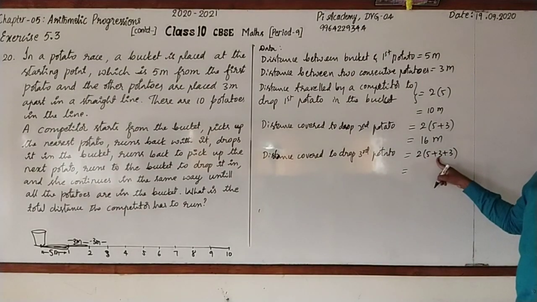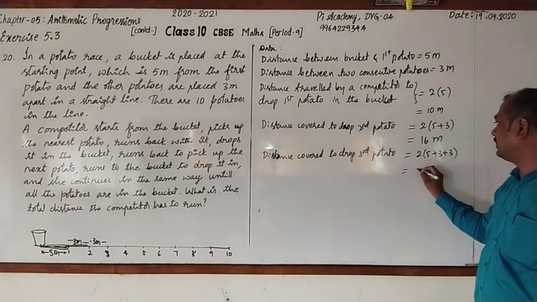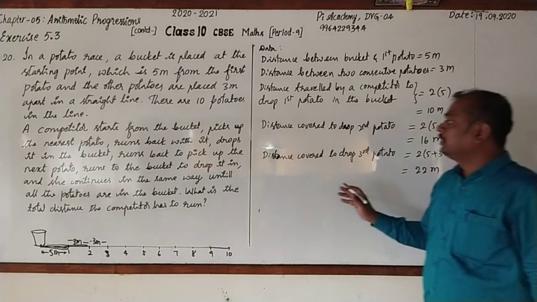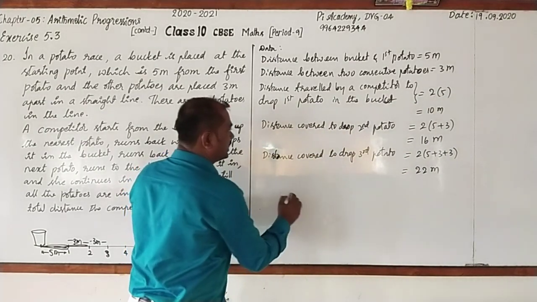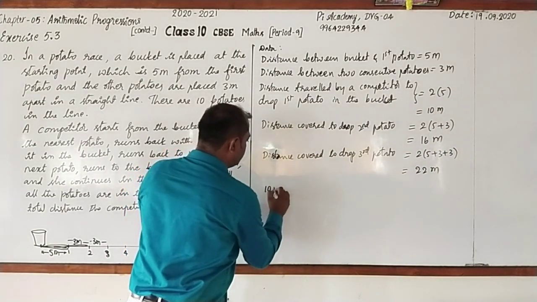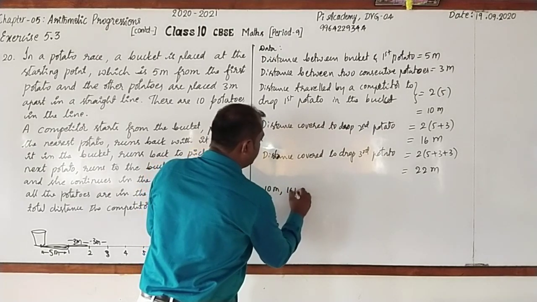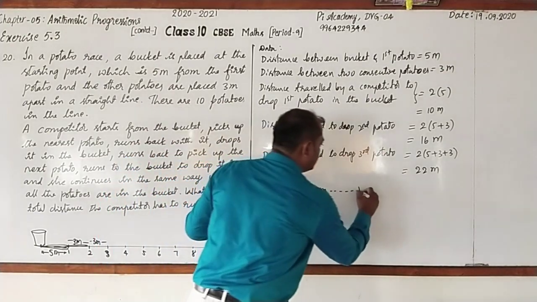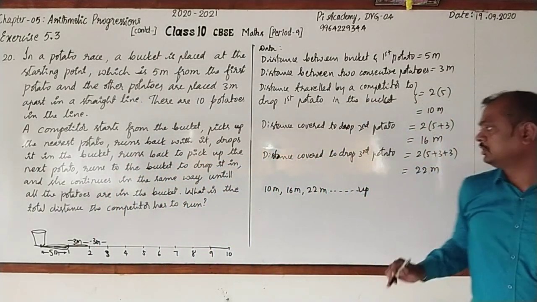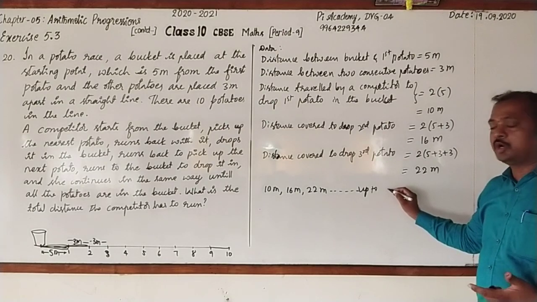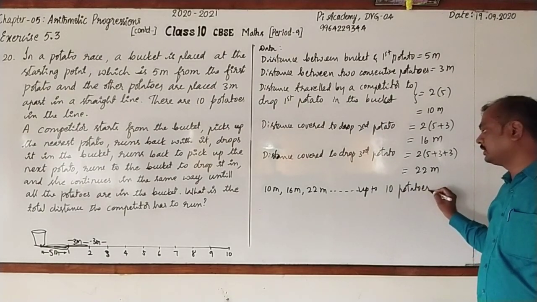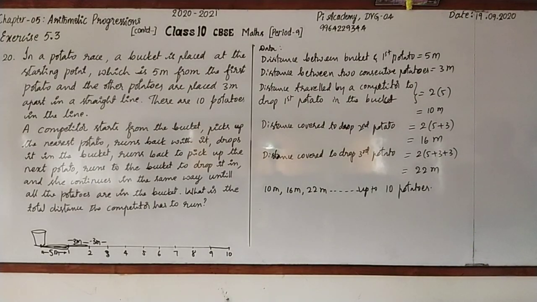Now 5 plus 3, 8, 8 plus 3, 11, 11 twos are 22 meter. Clear? Now we can rewrite this as 10 meter, then 16 meter, 22 meter and so on, up to how many potatoes? Up to dropping 10 potatoes. Clear?